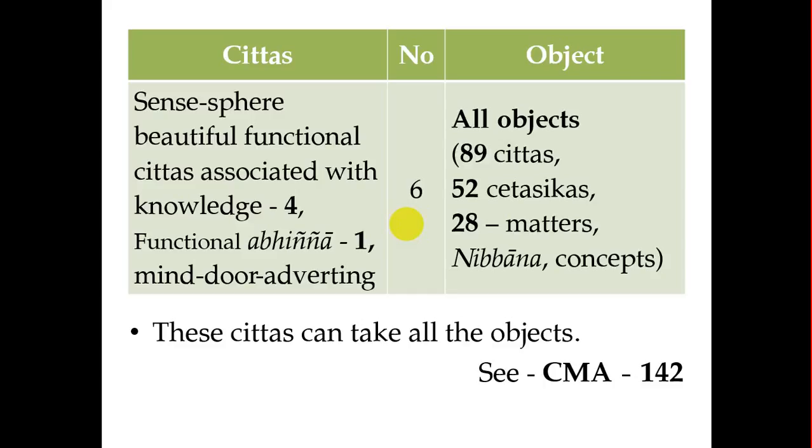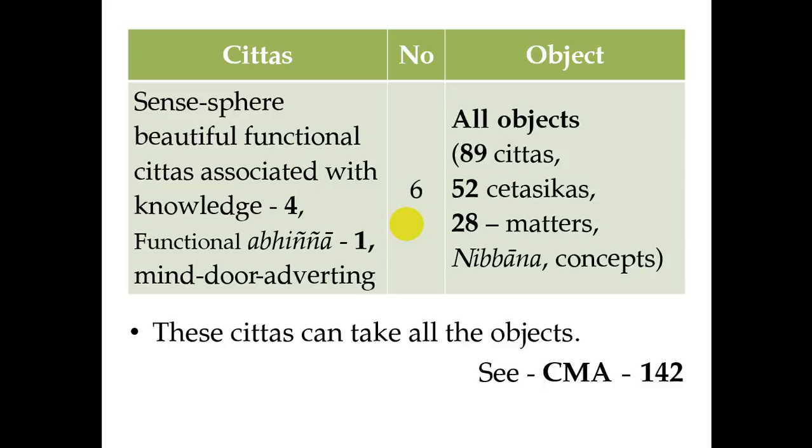So that is mind-door-adverting. Here, functional direct knowledge, as we have said, is attained by the Arahant and the Buddha. The Arahant and the Buddha have experienced all the Maggas and all the Phalas, right? And they know all the Cittas and Cittasikas as well as matters. So therefore, functional Abhinna can also take all the objects.